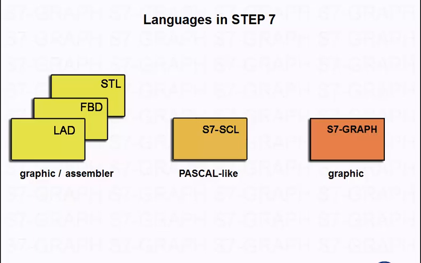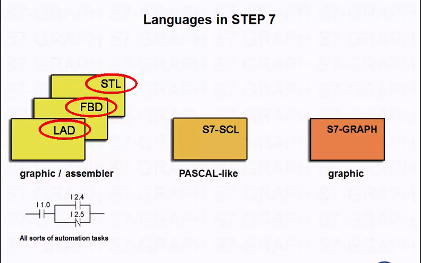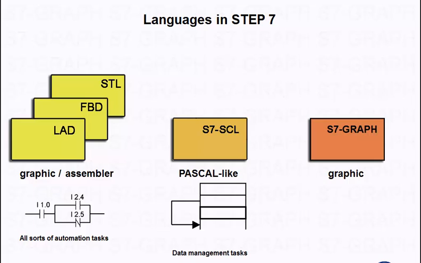This selection of different languages enables you to use the most suitable one for the task, so their respective special features can be used to the best advantage. Basically, all automation tasks can be solved with the basic languages Ladder, FBD, and STL.